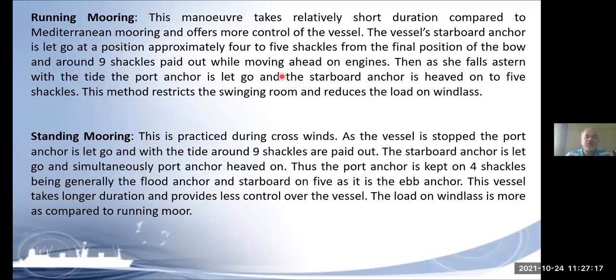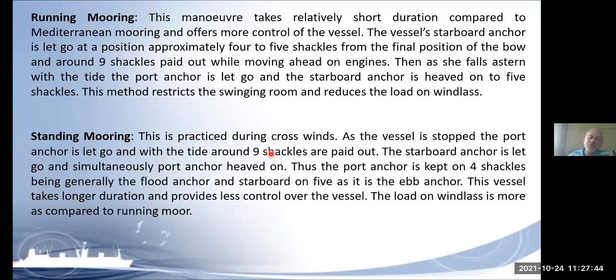Now this is running mooring and standing mooring. Here the use of anchors is done, both port and starboard anchors. One anchor is put in the front, one anchor is put in the back, and there is a specific maneuver so that the ship is tied up.